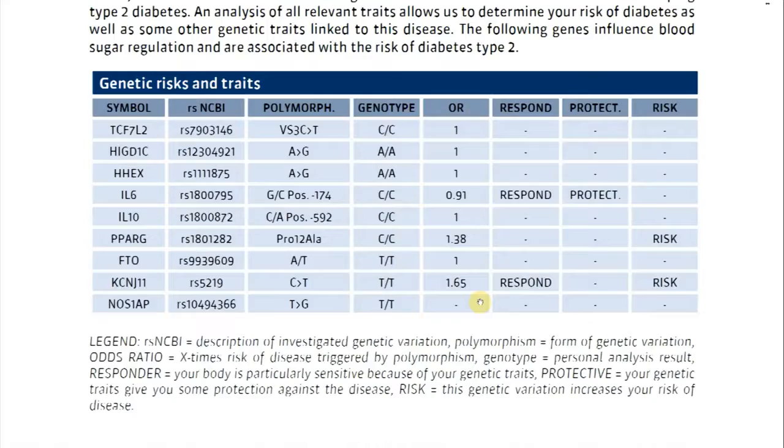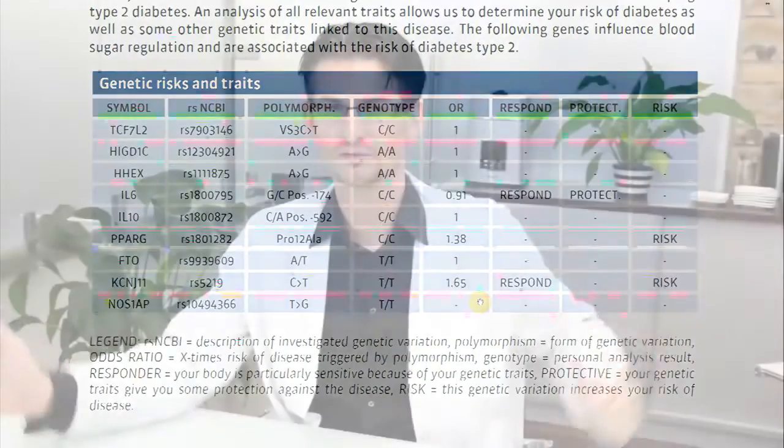Now, looking at a single gene has a problem. If you just look at this gene, you would say, okay, no increased risk, which is true by just considering this one gene, but there are other genes playing a role. So what we do is we look at all of them together, we combine the genetic risks, calculate what the final results are for you, and this is what we find in the scale bars here.